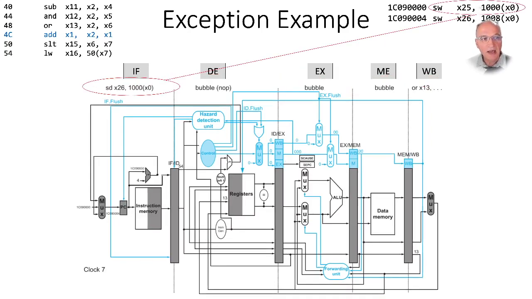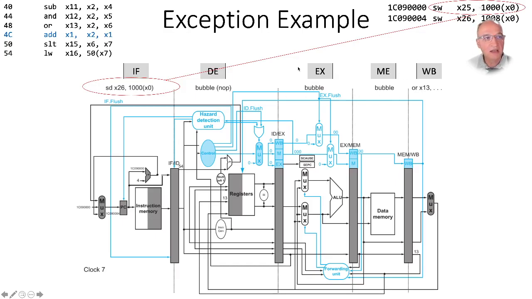And so the actual execution does not start until the pipeline has been flushed, and there will be a signal that the next instruction to be fetched is the first instruction of the exception handler. So the situation in the pipeline is that when the OR instruction is in the memory stage, there will be 3 bubbles in the pipeline.